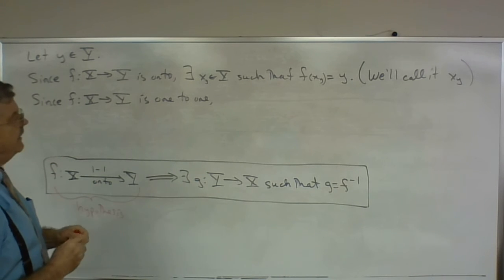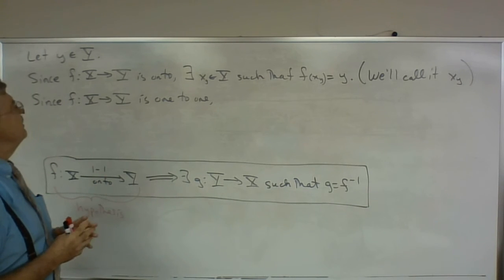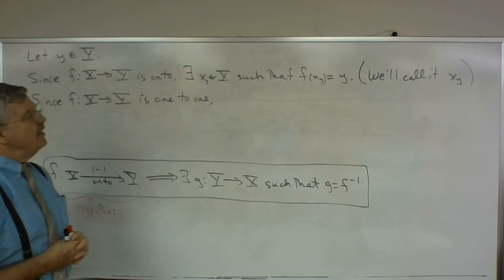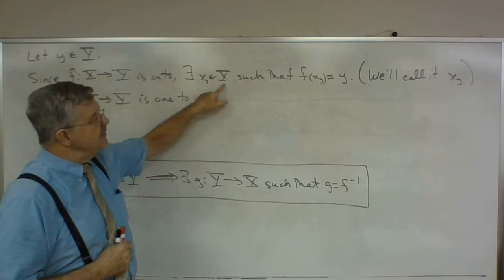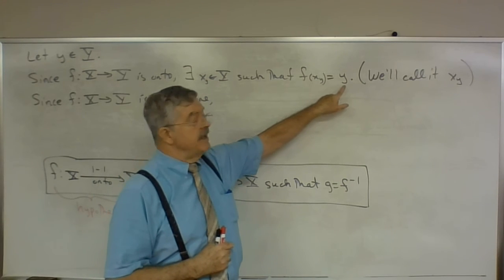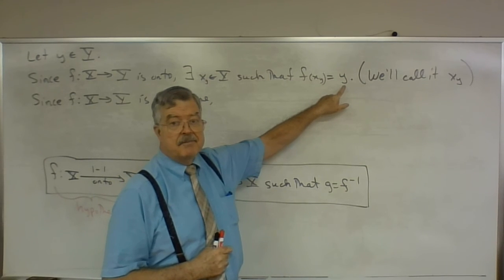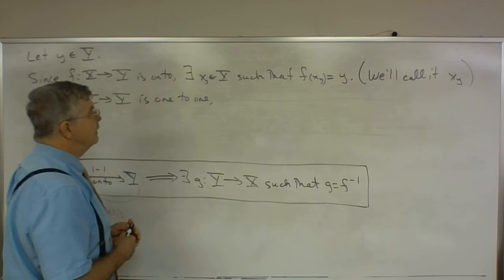What the fact that f is 1 to 1 tells us is there can't be two different x values in set x that get paired with the element y. There can only be one.